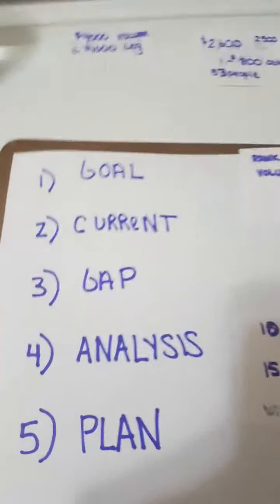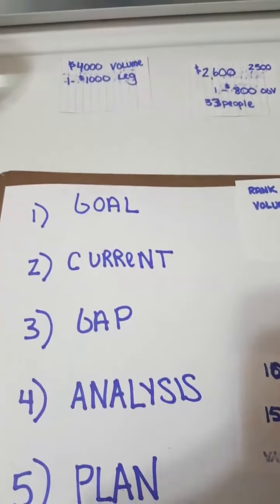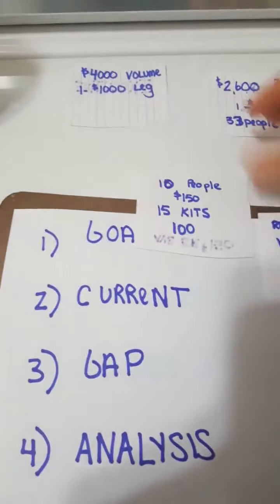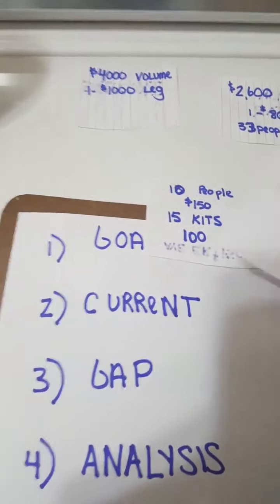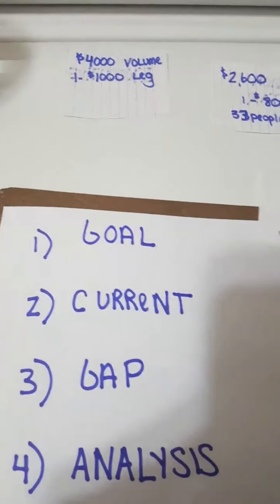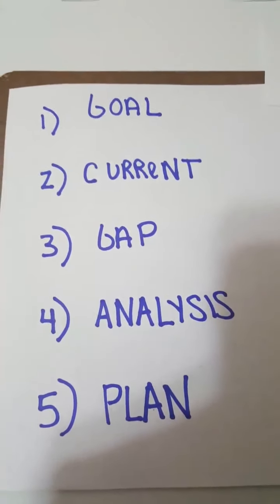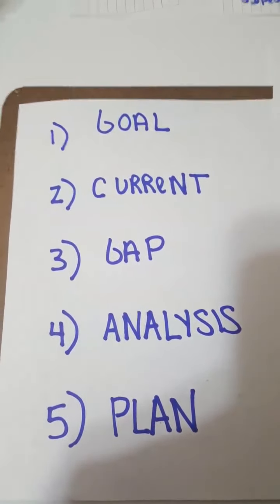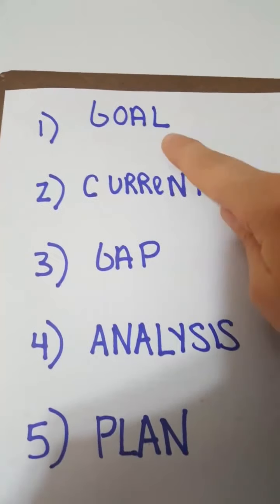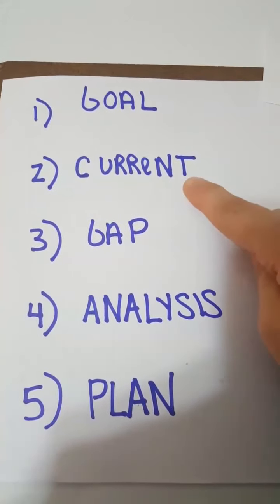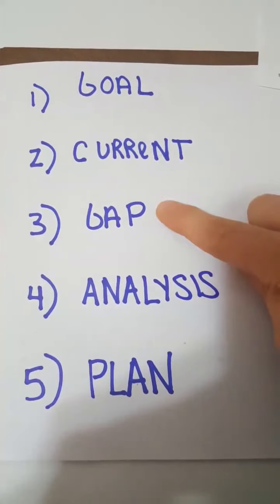Awesome. So I hope you guys will have fun doing this. You can use paper plates. We used to use crayons and things like that. Just do smaller goals. It doesn't have to be for the year. It can be for the month or the quarter or the next 2 months, something like that. What's your goal? Where are you currently at? What's the gap?